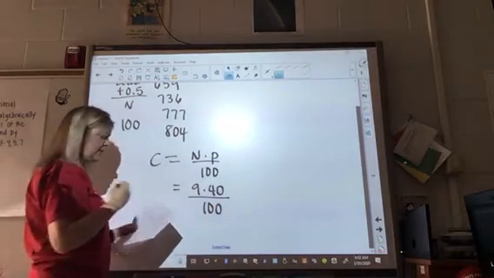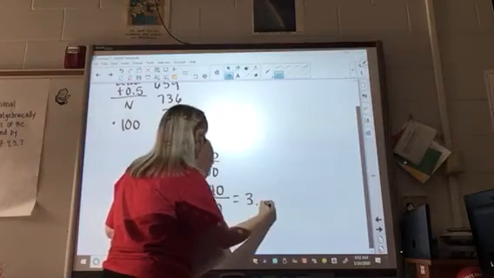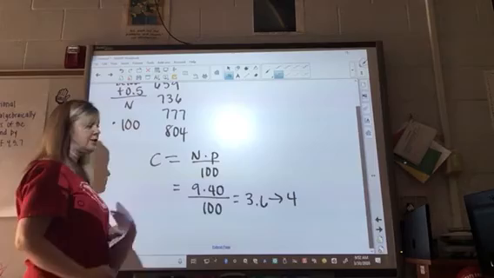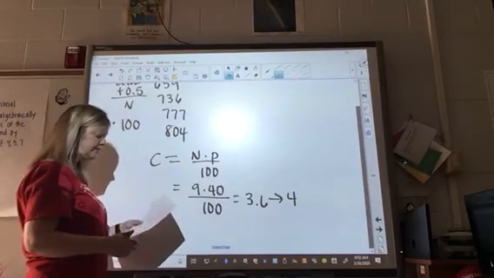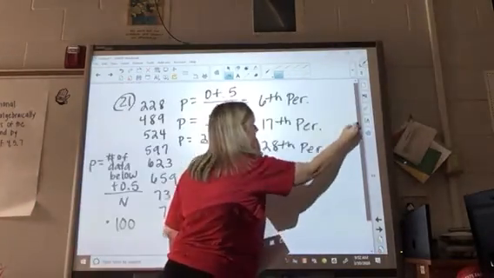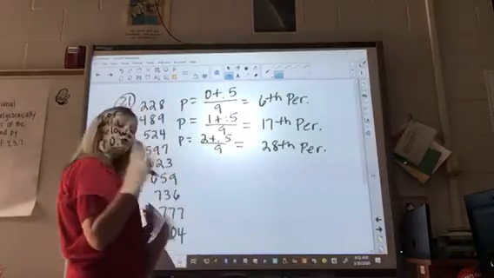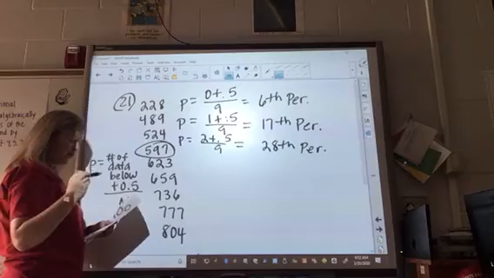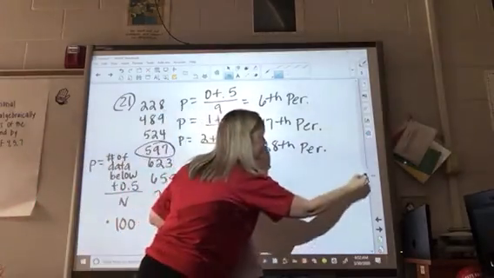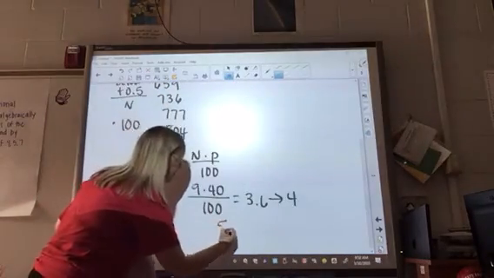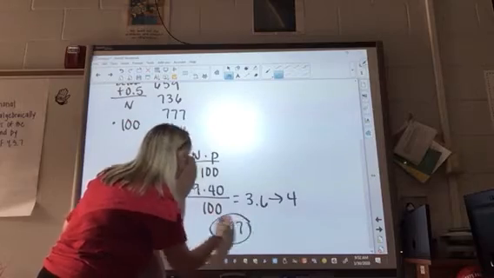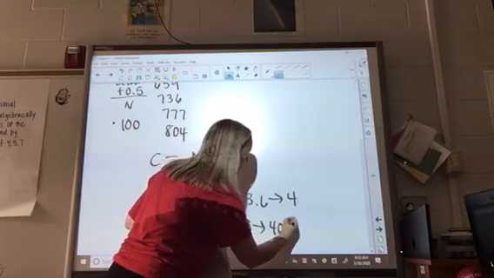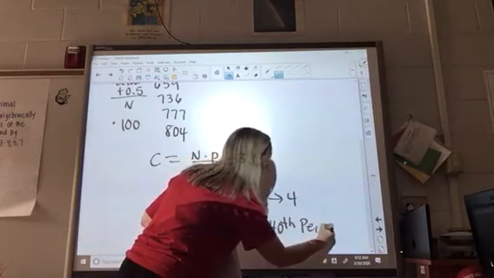We'll punch that in the calculator. That's 3.6, but we want to round to the nearest whole number, which is 4. Then I go back to my data and count to the 4th number, 1, 2, 3, 4, which would be 597. So 597 represents the 40th percentile.